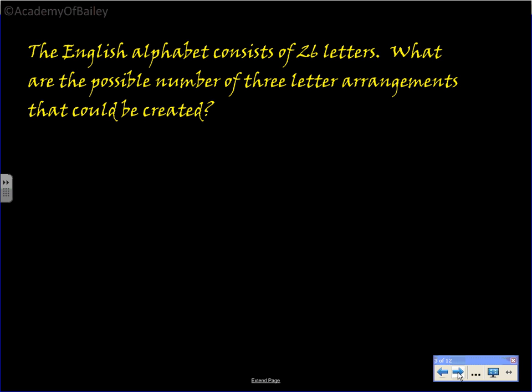Okay, this question here says the English alphabet consists of 26 letters. What are the possible number of 3-letter arrangements that could be created? Fundamental counting principle. We don't want to start writing down all possible 3-letter arrangements, because if we start writing those down, we're going to be here for a long time.